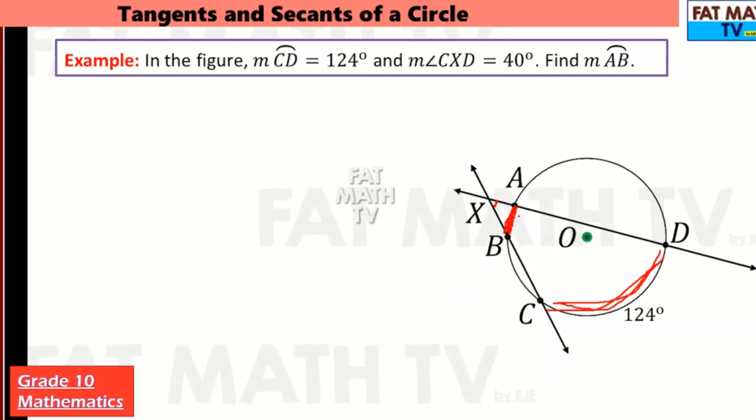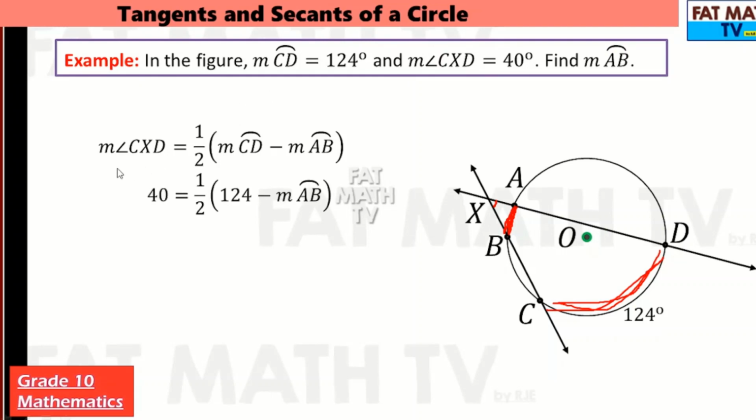So we will still use the formula that the measure of the angle is half the positive difference. So the measure of angle CXD is one half the measure of arc CD minus arc AB. We know that the measure of angle CXD is 40 degrees, so replace it with 40, copy one half. Measure of arc CD is 124, and we are asked the measure of arc AB.